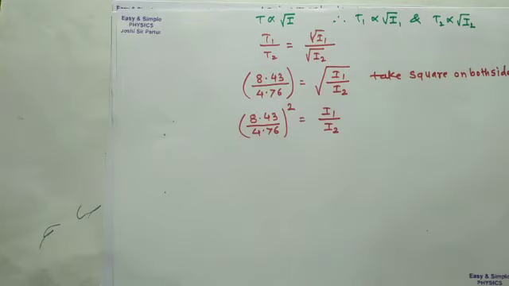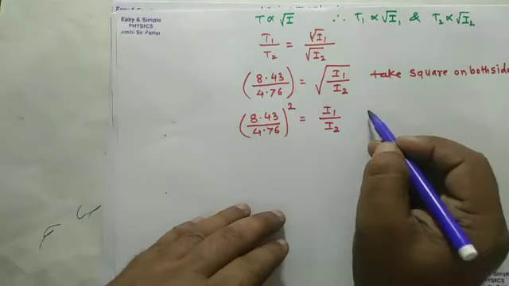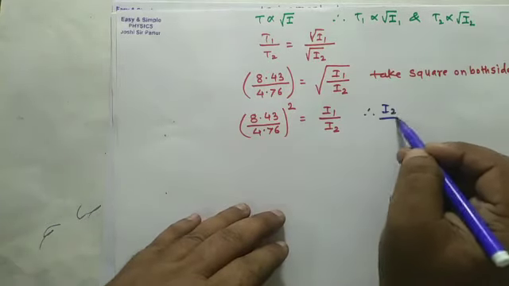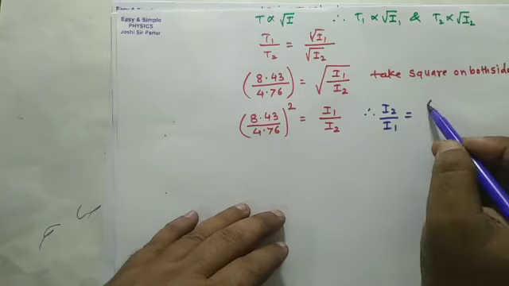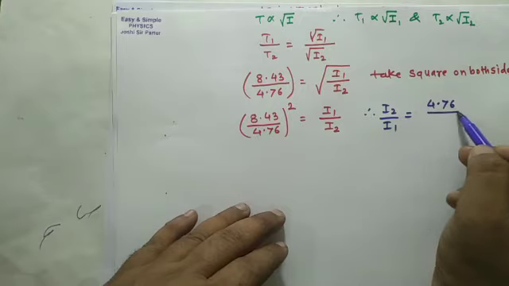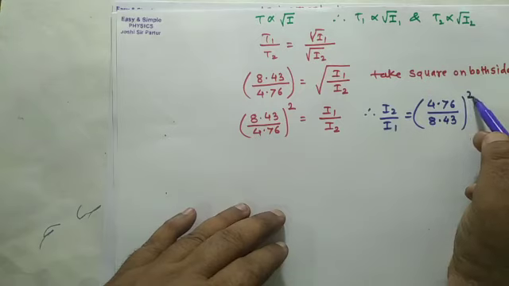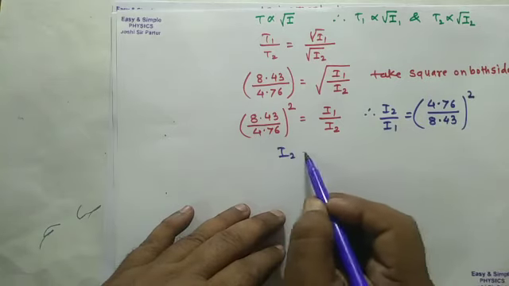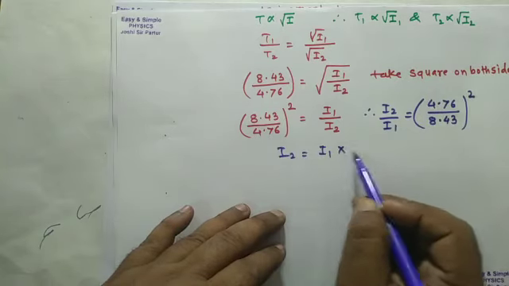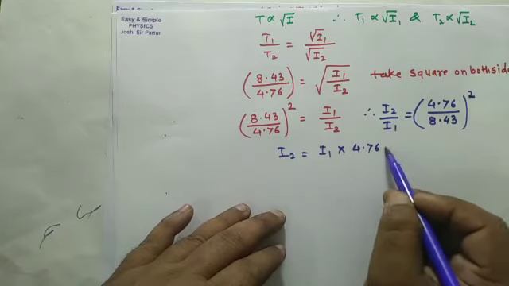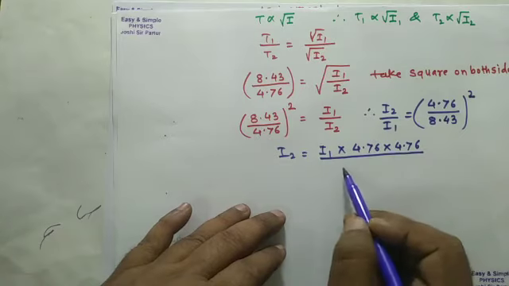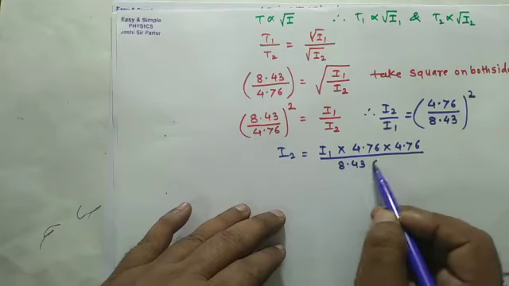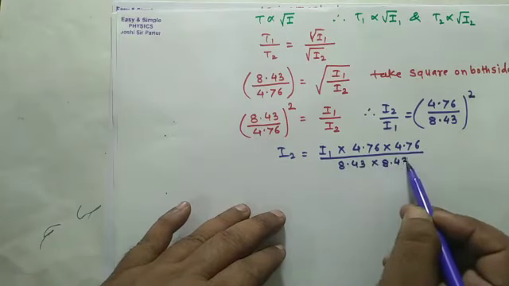But we need to find I2. So the reciprocal will be I2 upon I1 is equal to 4.76 upon 8.43 bracket square. So I2 is equal to I1 multiplied by 4.76 multiplied by 4.76 divided by 8.43 multiplied by 8.43.